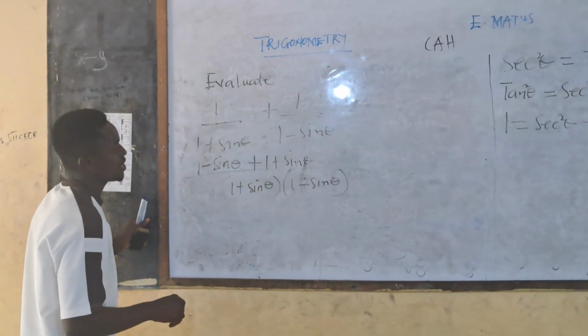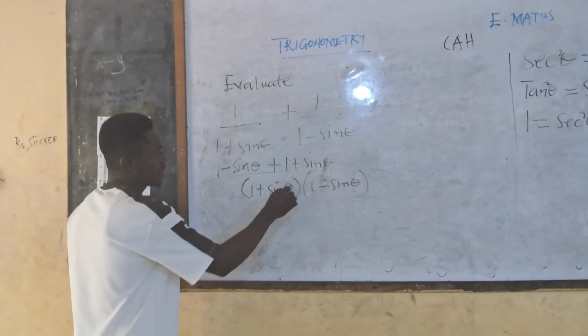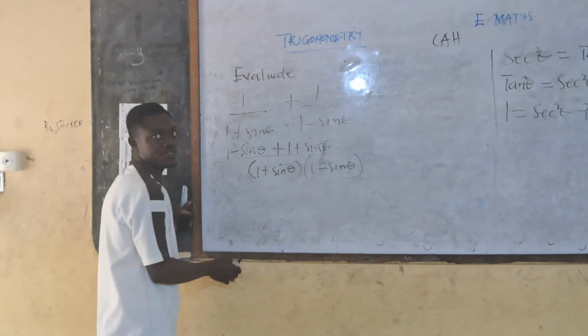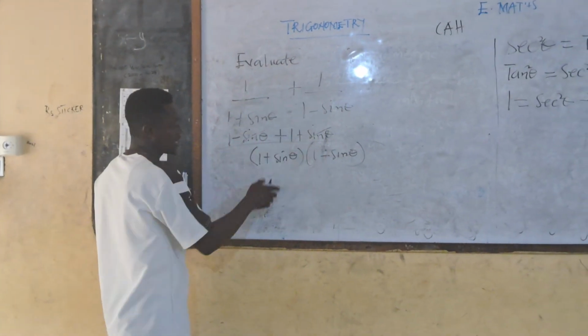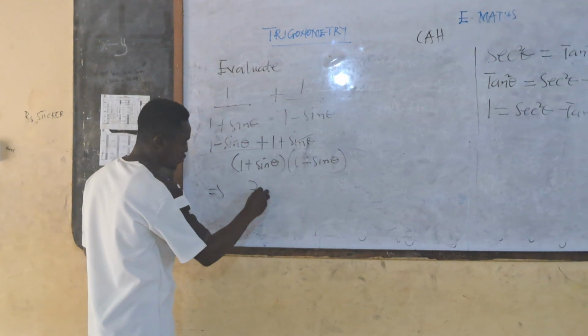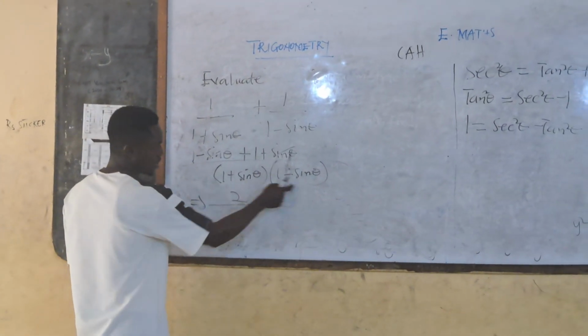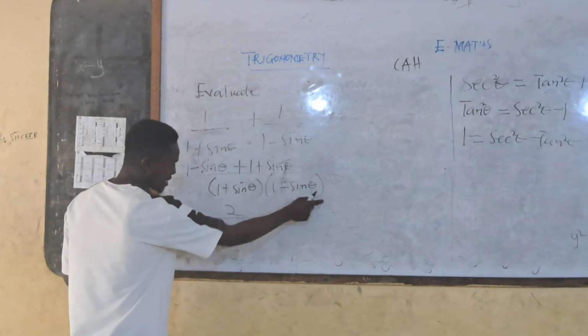As you can see, if you simplify this, the negative sine theta will cancel the positive, and I'm going to have 1 plus 1, which is 2. Then let's expand the bracket here. 1 times the whole of this gives us 1 minus sine theta.